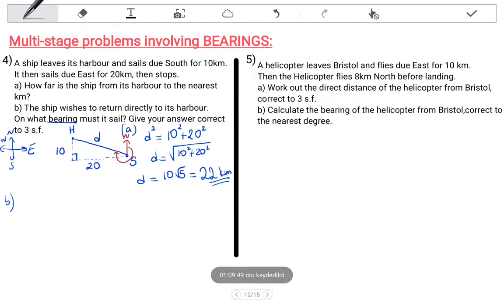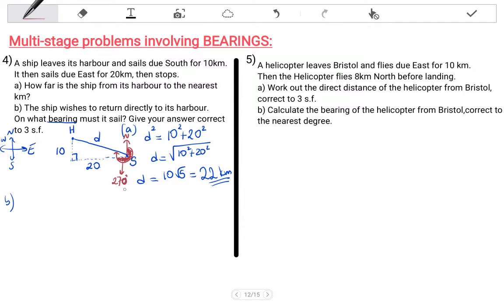Within this turn, we have 3/4 of a full turn. So 3/4 of a full turn is 270 degrees. As you remember, one full turn is 360, and 3/4 of 360 is 270 degrees.